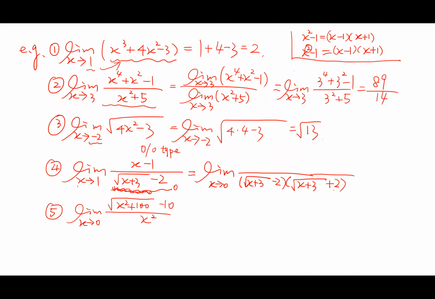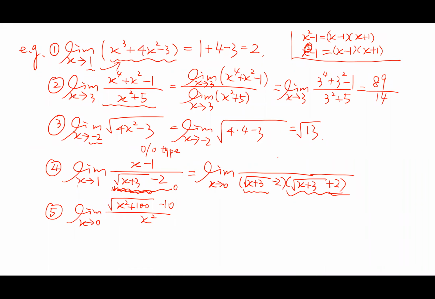Yeah, very good. I will repeat again. Because we see a square root here, we want to make the square root go away, so we think we should square here. So we multiply by the factor square root of x plus 3 plus 2. And if we multiply this factor in the denominator, we should also multiply it in the numerator, right?